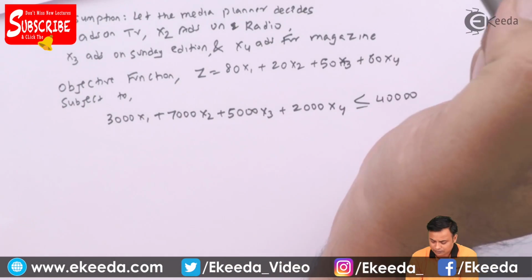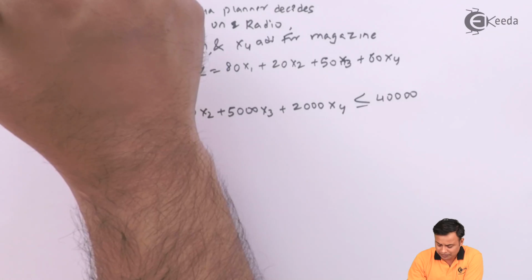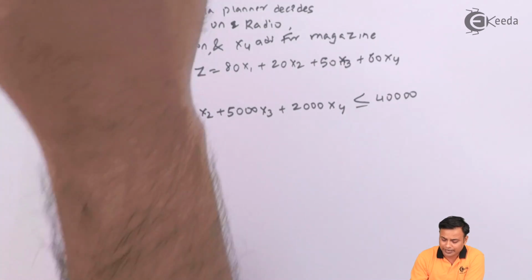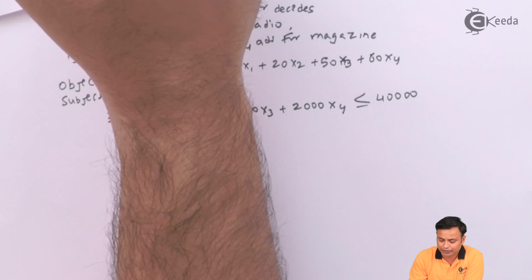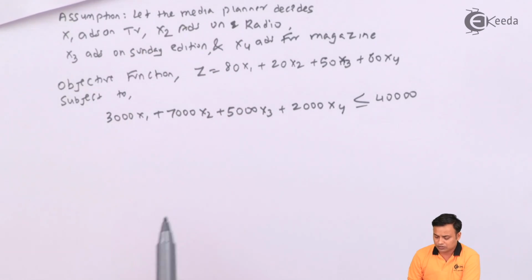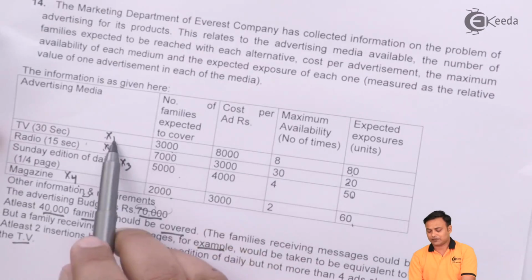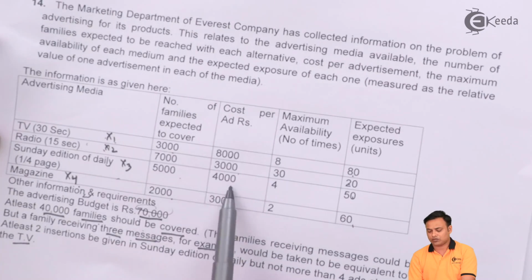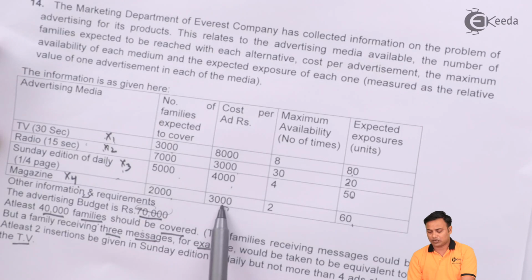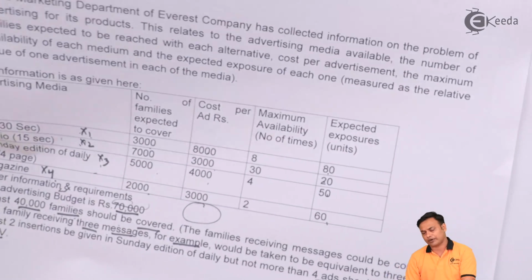That's the first thing. So we have the number of families covered, and I have tried to formulate it into an LPP. The second thing we are given is the cost per advertisement, and we are given a budget of 70,000. So I have 8000 x1 plus 3000 x2 plus 4000 x3 plus 3000 x4, and here we note down whatever amount is allocated for that particular advertisement.